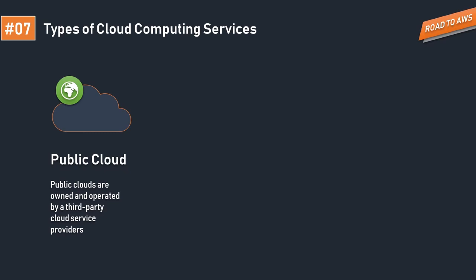Anyone can use and operate on it, but it is managed and owned by the third-party cloud service providers. You don't have to worry about the infrastructure or the resources they have. You just need to manage your data, your code, your users and everything, but you don't need to worry about the hardware or the services that they provide.